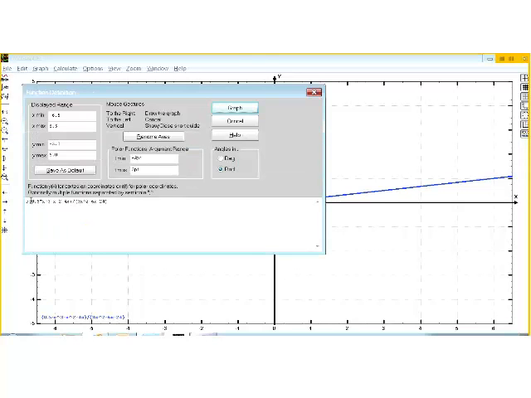So why don't we do that? Going back to the original function: x squared minus 4 divided by x cubed plus 2x squared plus x plus 2, close parentheses.